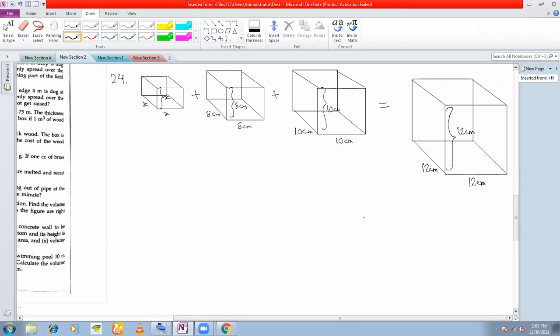Right? Now, again, as I told you, if three cubes are being melted, that means whatever material you are obtaining, the melted tin that you are obtaining, the volume of the first cube plus the volume of the second cube plus the volume of the third cube will be equal to the volume of the metal that is obtained, or the volume of the material, whatever material it is made up of.